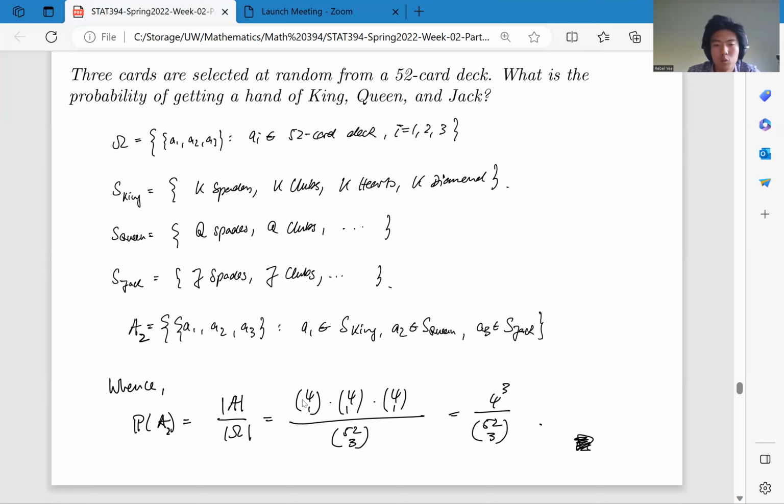So king has 4 choose 1, queen has 4 choose 1, jack also has 4 choose 1. So we just use the principle of multiplication to calculate 4 choose 1 to the power 3, which is 4 to the power 3, because 4 choose 1 is the same as 4. That is calculated as 4 factorial divided by 3 factorial times 1 factorial, which is exactly 4.